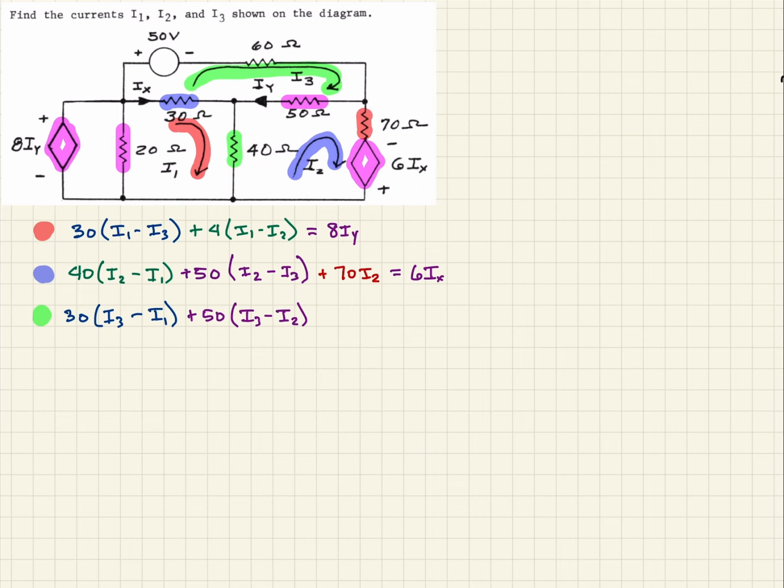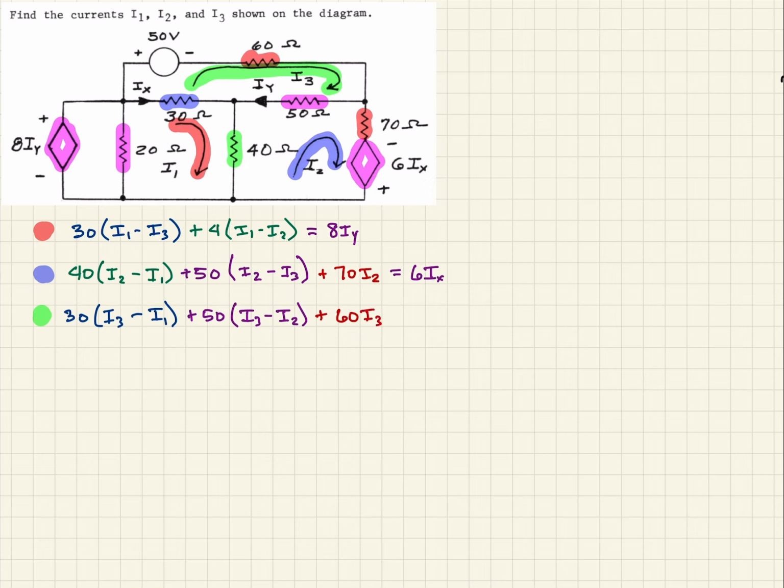And so the only real new one that we have is the 60 ohm, and we'll do that one in red. So the 60 ohm resistor right here. And so that one is simply going to be, because it's in a non-shared part, 60 times I3.